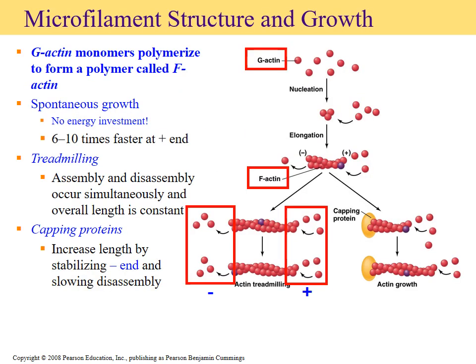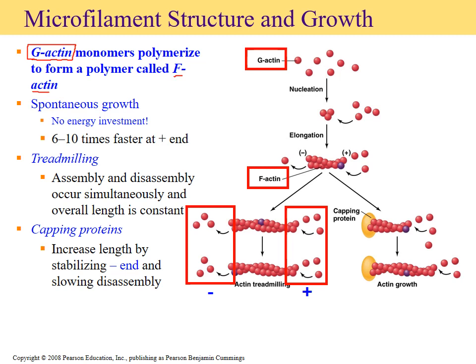Alrighty, so as I mentioned to you before, the microfilaments are composed of actin, and what we see happening is very similar to our microtubules. This will be a spontaneous form of growth. However, the actin will initially start off as G-actin. Now, the G stands for globular, meaning that they'll be circular, and they'll start polymerizing, and as they cluster together, we then categorize them as F-actin.